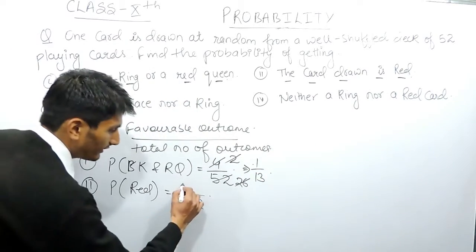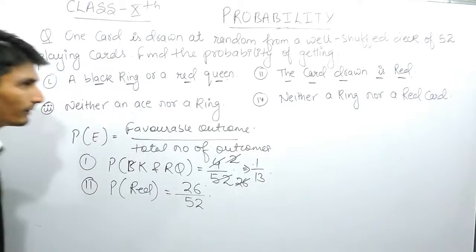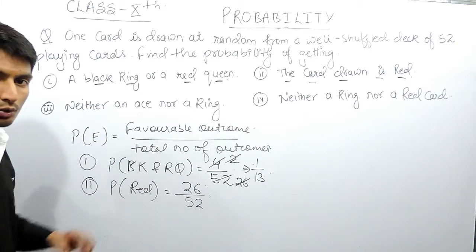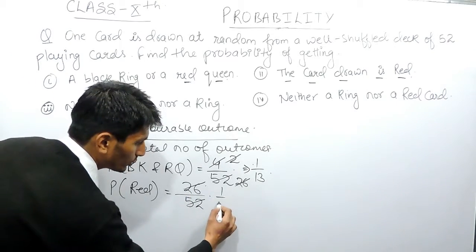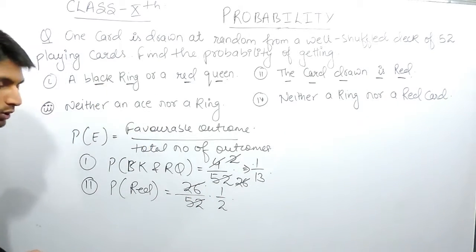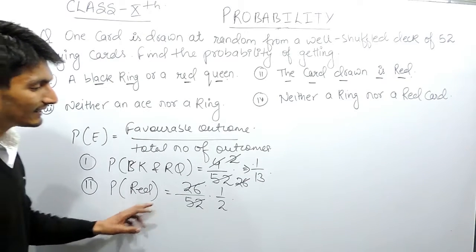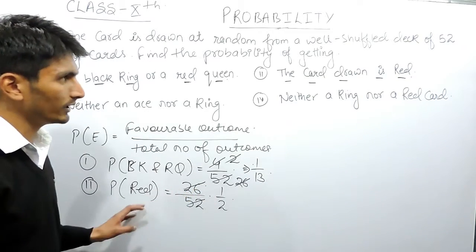Now if I cancel this out, this will be equal to 1 by 2. So the probability of getting a red card is 1 by 2 here.